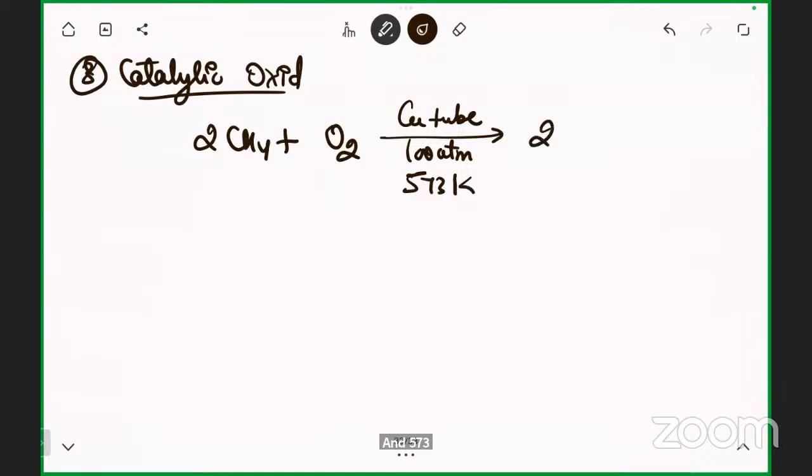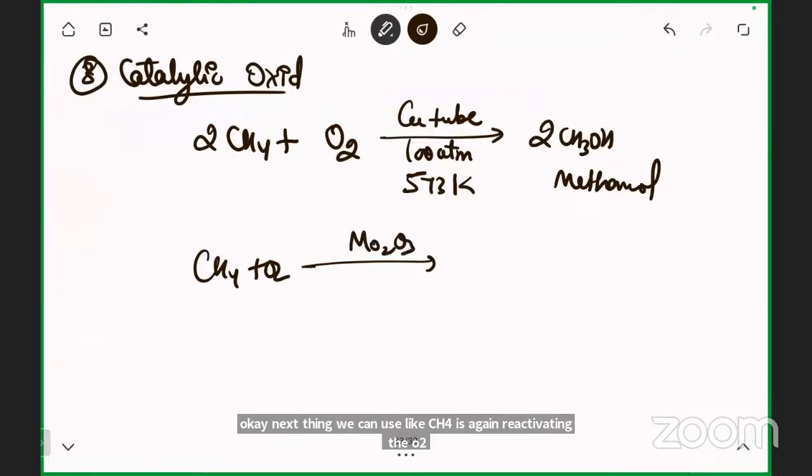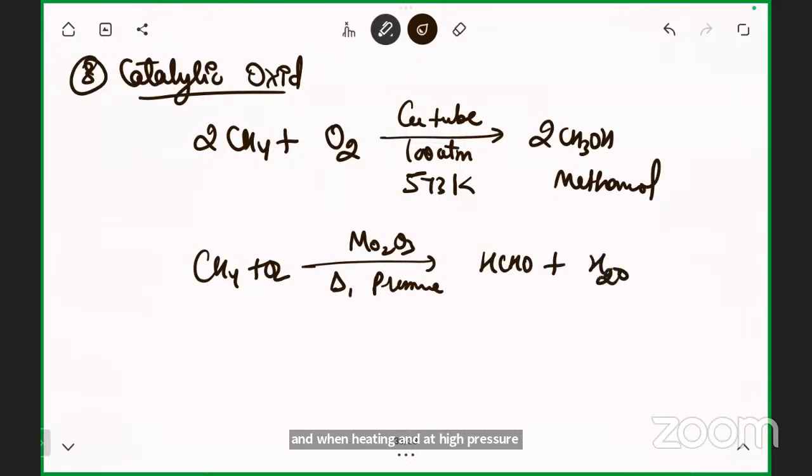It is forming what? Alcohol, that is methanol. The catalyst here we are using is a copper tube. Next, CH4 is again reacting with O2, but now the catalyst is Mo2O3, molybdenum oxide, and on heating at high pressure it forms HCHO plus H2O.